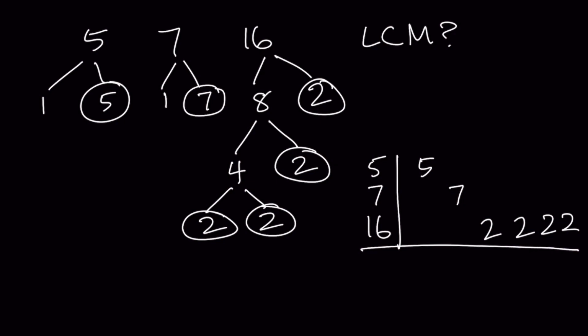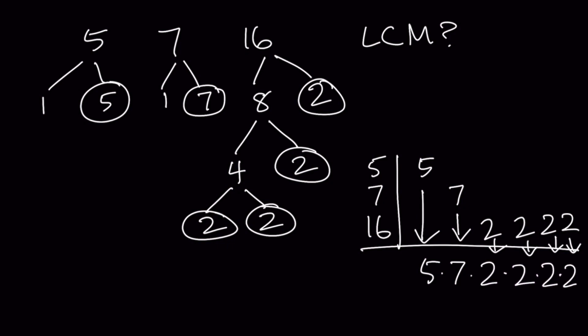Since there's no common numbers, we just bring them all down. So our answer is going to be 5 times 7 times 2 times 2 times 2 times 2, which equals 560. So 560 is the least common multiple of 5, 7, and 16.